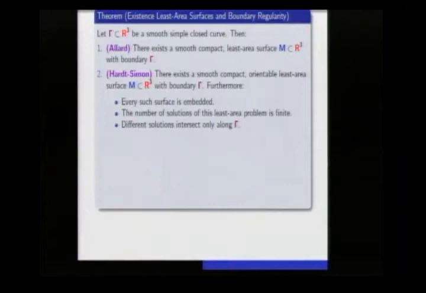So that's nice. In this case, we can say a few more things. We can say that the number of solutions is finite. There are a finite number of these orientable surfaces. In particular, the topology of all examples is bounded. And they only intersect along the curve. So you have a finite number of solutions, and when you have more than one, they only intersect along the boundary curve.